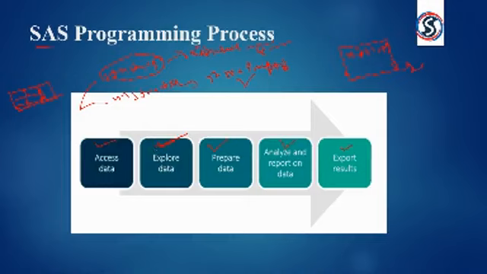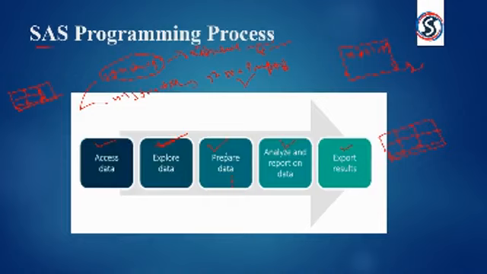After that, prepare the data. What does prepare the data mean? Suppose I have the data set with 10 columns and 100 observations, and I want to filter and drop a few columns. How will I do that?